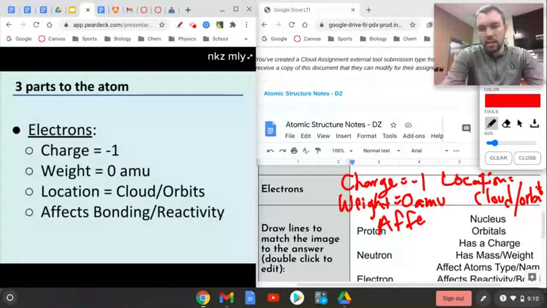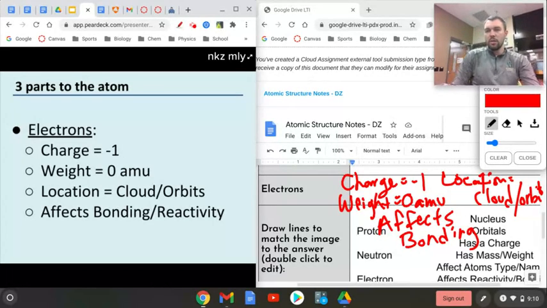And a special thing about electrons, they affect the bonding, how atoms stick together. So we've mentioned like H2O before is water, and we have H's and O's, and they're bonded together. They're stuck together. The electrons are what affect that. Depending on how many and the location of the electrons, we can get different atoms to bond or stick together in different ways.